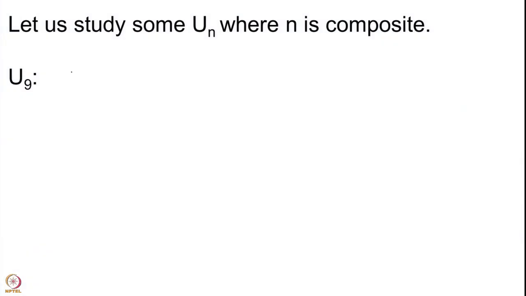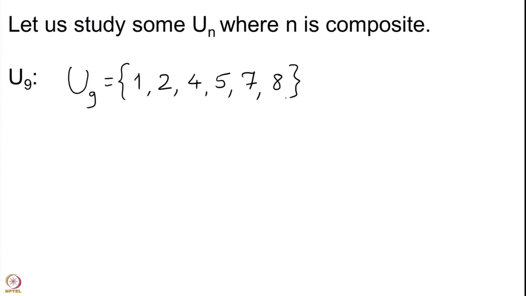So, this is the next composite number, U_9. When we write U_9, we will have to be careful that no multiple of 3 should come. These are all the elements in U_9.